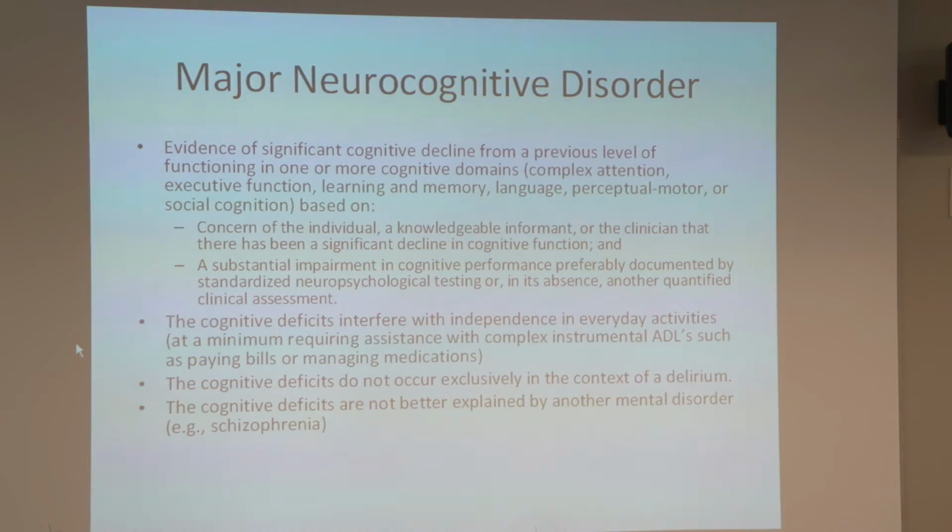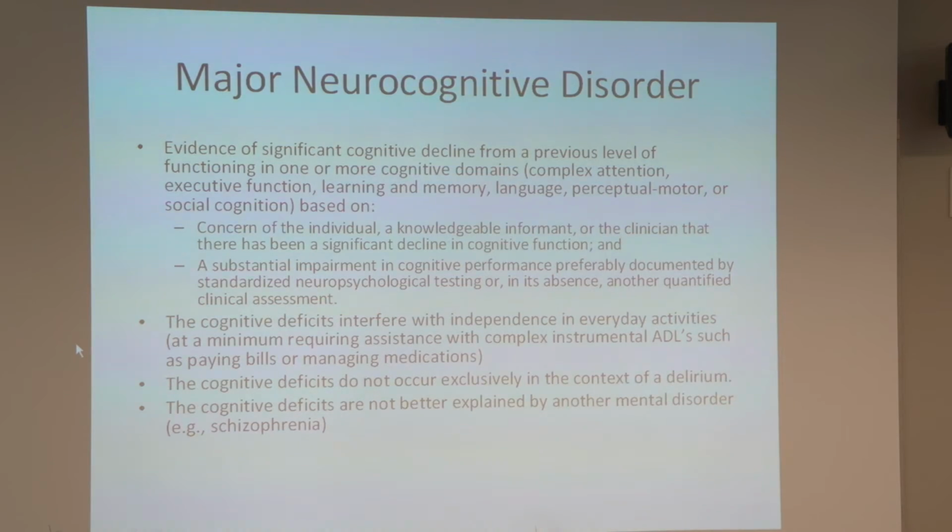So you can see, if you think back to the DSM-4 dementia criteria, you had a problem with recent memory, and then 4 other cognitive domains listed. You can see they've got much more sophisticated. They're talking about complex attention now. They're talking about learning. They're talking about perceptual motor functions, social cognition.